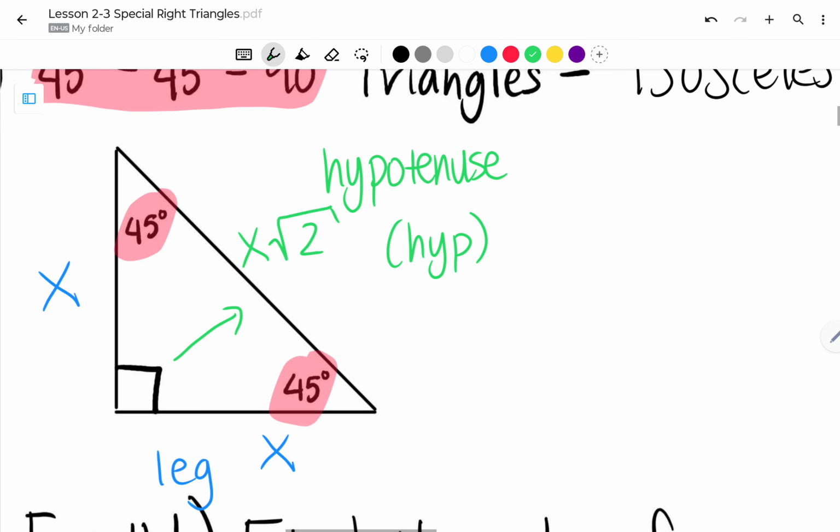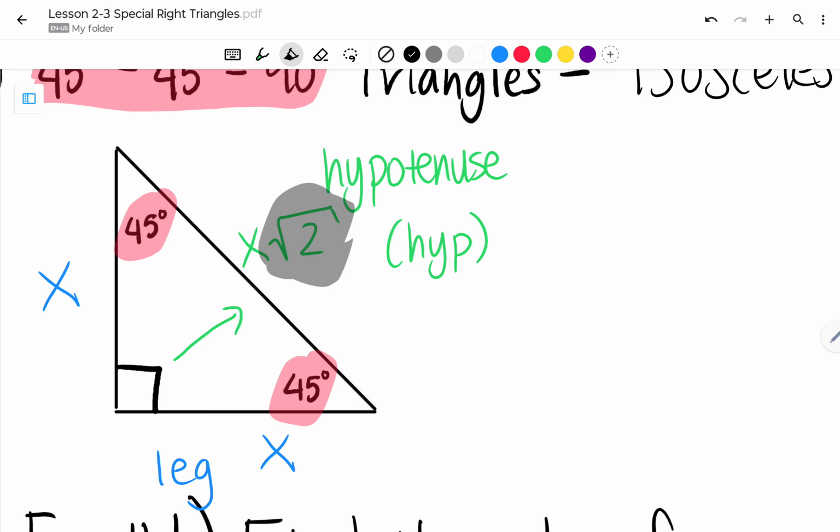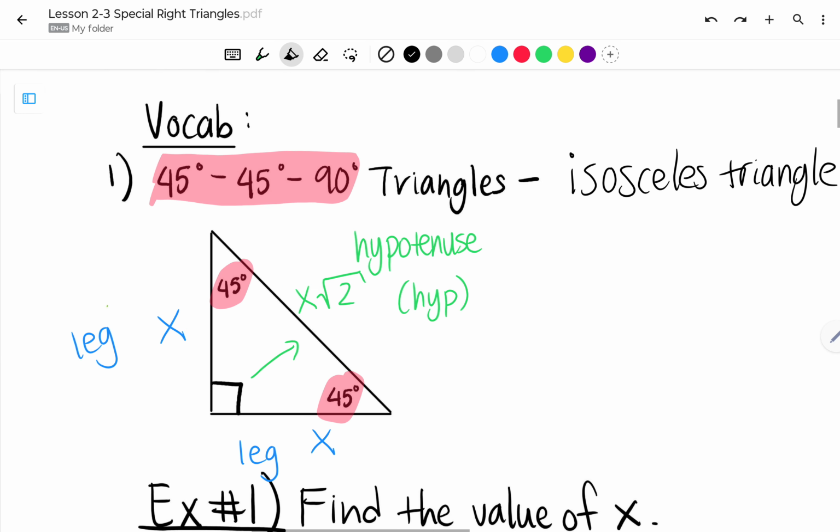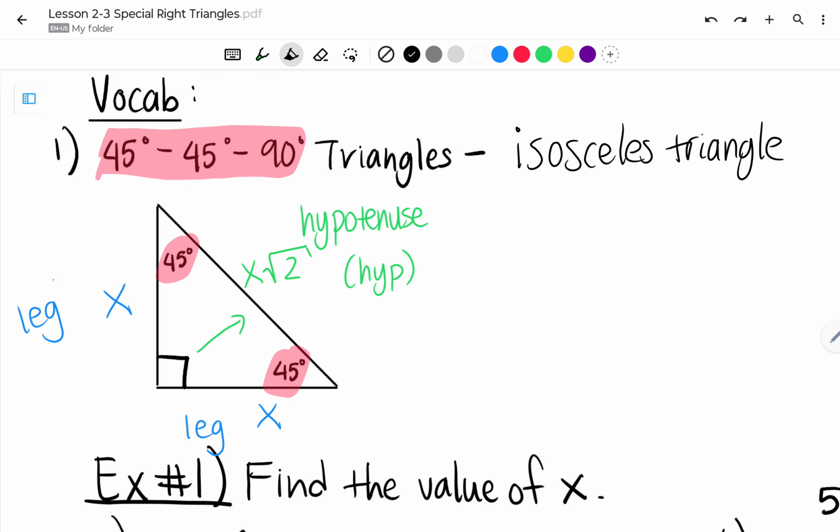Now, there's a specific reason why it's square root of 2. We'll go into that in the next video, but just try to understand the formula right now. Just try to memorize it first and understand how to use it. That's the most important part right now.